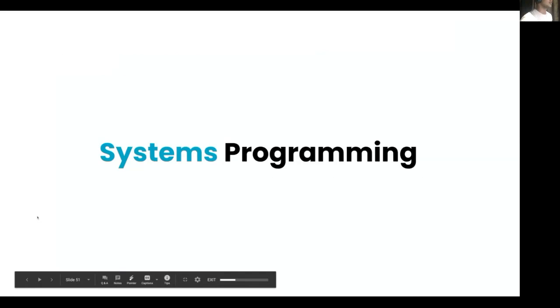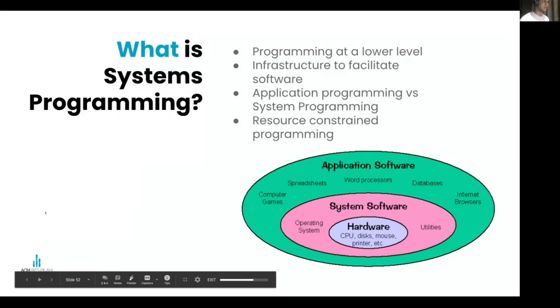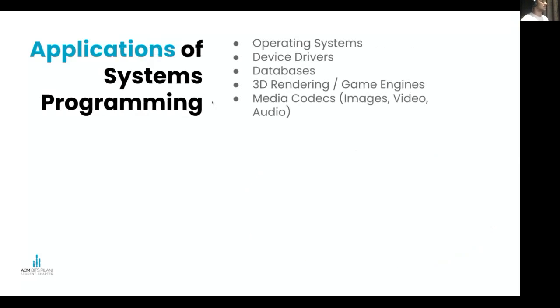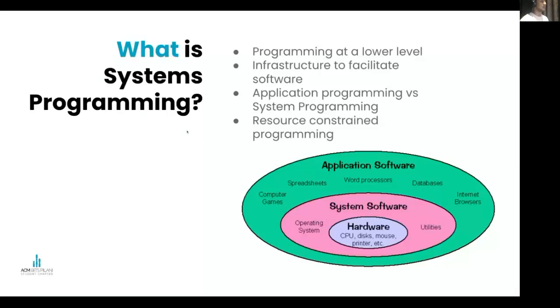Yeah, so I'll be talking about systems programming. Firstly, I tried to find a definition for systems programming, but it's kind of an umbrella term. So let's begin with an analogy. Let's say you're someone who's making an aeroplane. You'll need thrusters. So let's suppose there's a company that's making the thrusters for you.